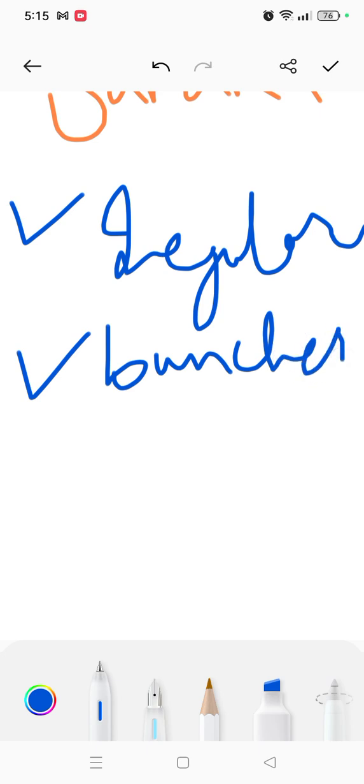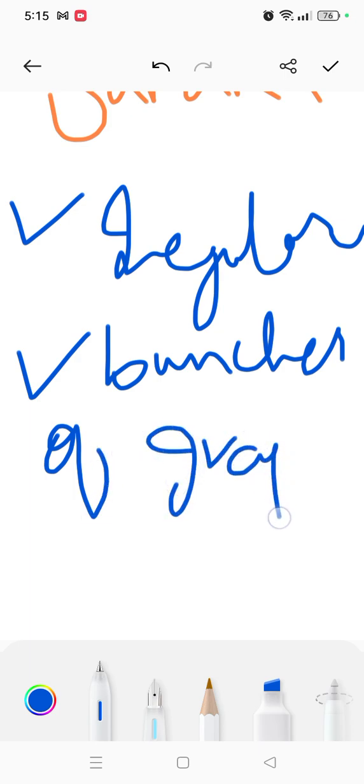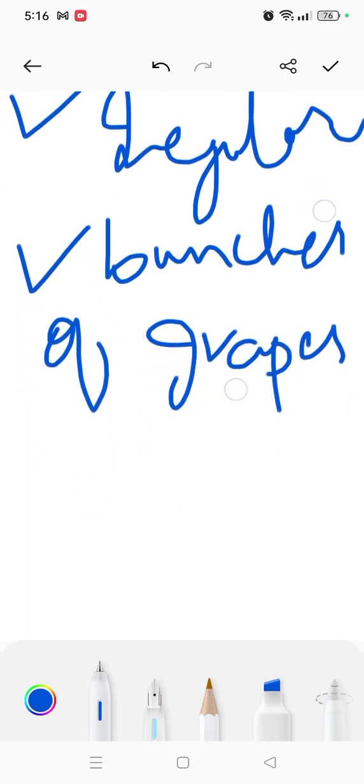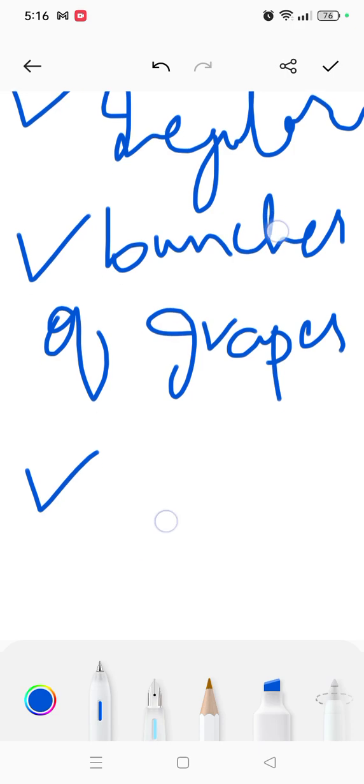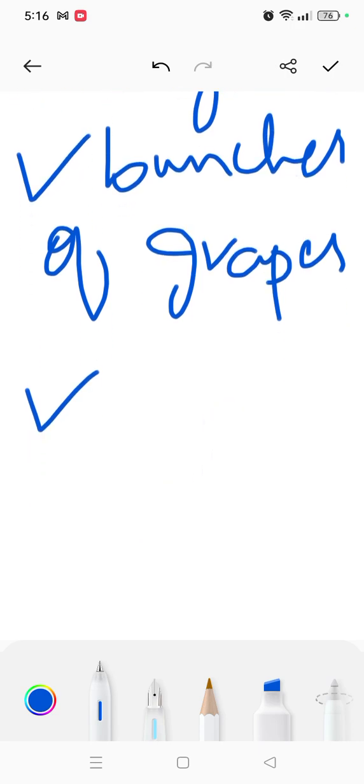You will get the diagram. Make sure you mark the grape-like structure, which is called staphylococci.